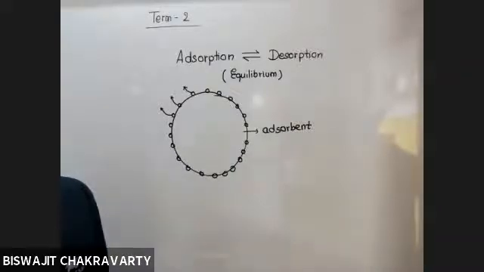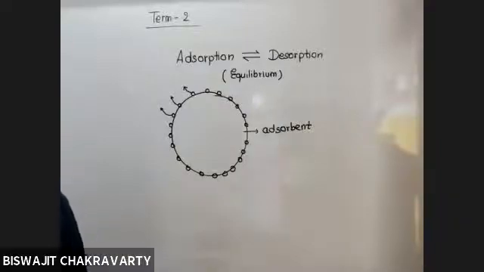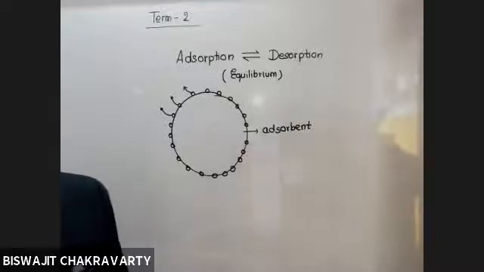So it continues. But if it still continues, why can we not make out whether it is going on or not after a certain moment of time? Why does it seem that the process of adsorption has come to an end even if it continues?